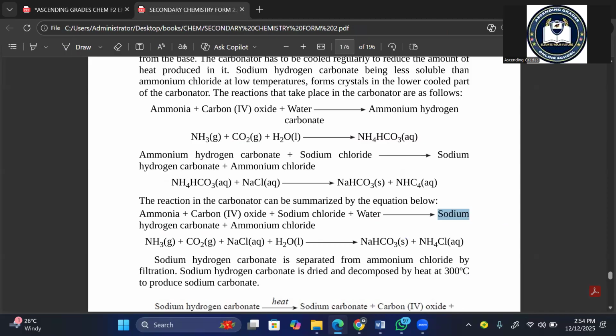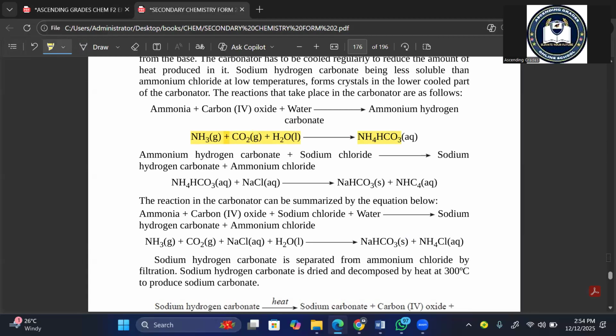The first equation will be ammonia plus the carbon (IV) oxide plus water, you get ammonium hydrogen carbonate.